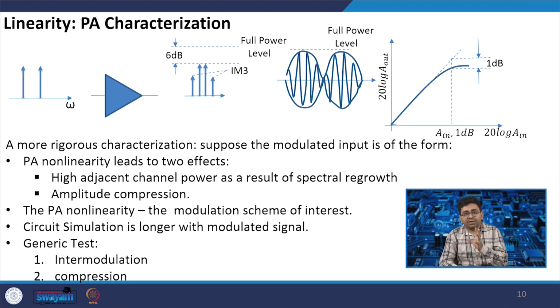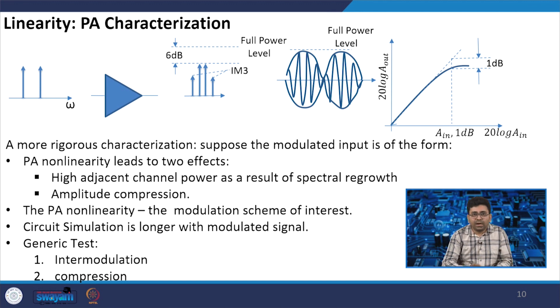So, what is a way we can ensure the linearity, and make sure that it will also perform better for the modulated signal? There are two generic tests which can be used: intermodulation and compression.